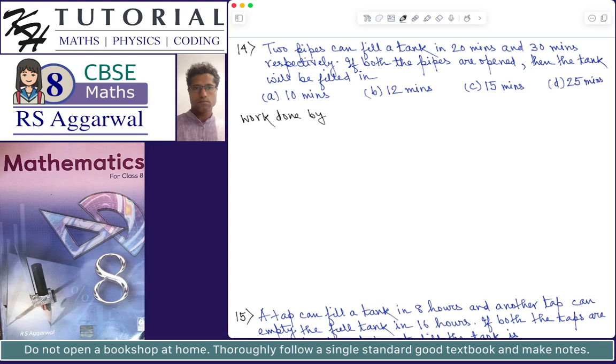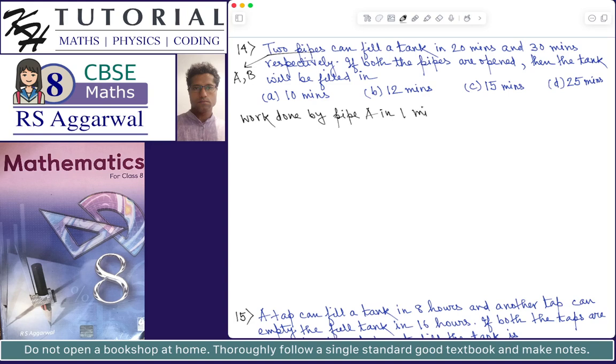by, let's say the first pipe is A, and the second pipe is B. So work done by pipe A in 1 minute.